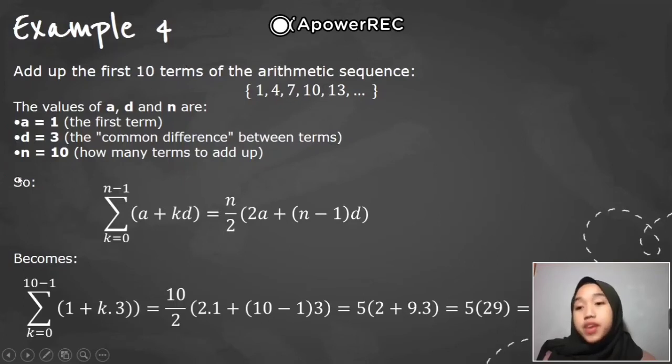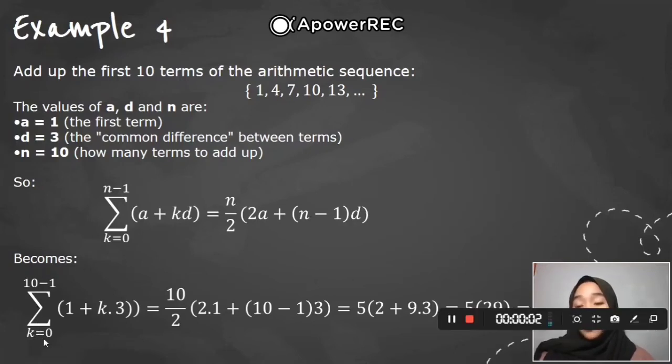So the sum of 10 terms of the arithmetic sequence is sigma from k equals 0 to n minus 1 of a plus kd equals n over 2 times 2a plus n minus 1 times d.